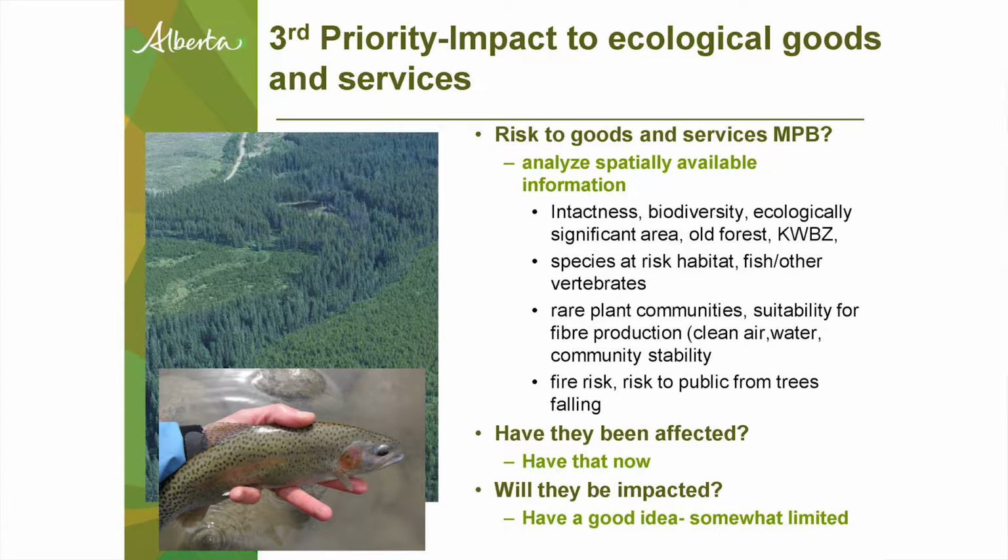And fiber is another key ecological good and service that is an important one to consider. Be it for community stability, clean air, clean water as well, carbon sequestration, all those things that go along with a healthy, vibrant restocked stand. So as far as have they been affected, we have that now. As far as the ones that have been identified to date, we have a good sense of whether these things have been impacted.